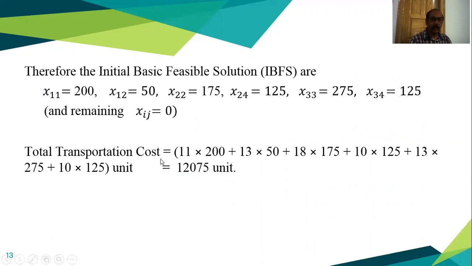The total transportation cost is equal to the cost of that cell into 200, cost of cell 12 into 50, cost of cell 22 into 175, then C24 is equal to 10 into 125, then C33 is equal to 13 into 275, and C34 is 10 into 125 units, which is equal to 12075 units.